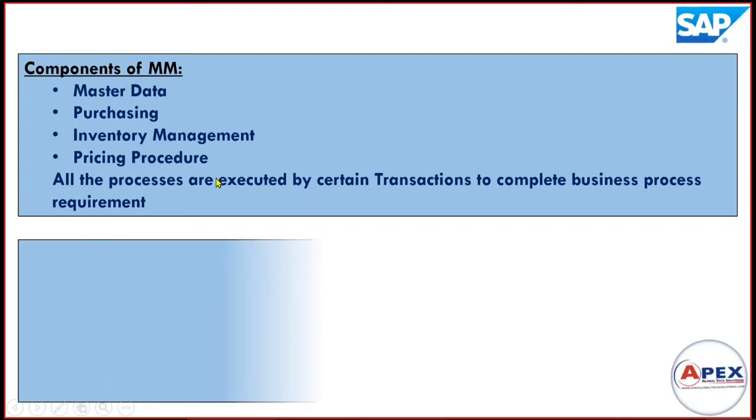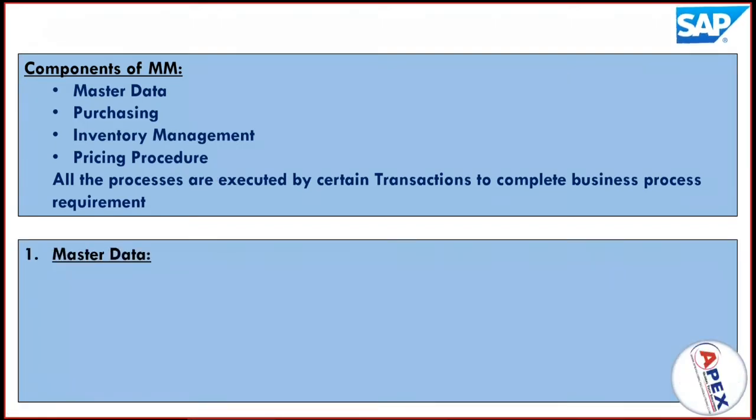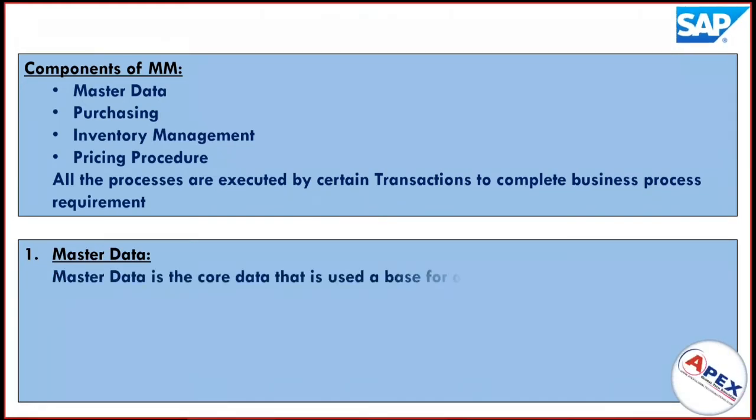Okay, so next we'll see what is master data. Master data is nothing but core data that is used as a base for any transaction. Okay. So I will tell you one example. Suppose you have an organization, you are producing some product and you are selling.